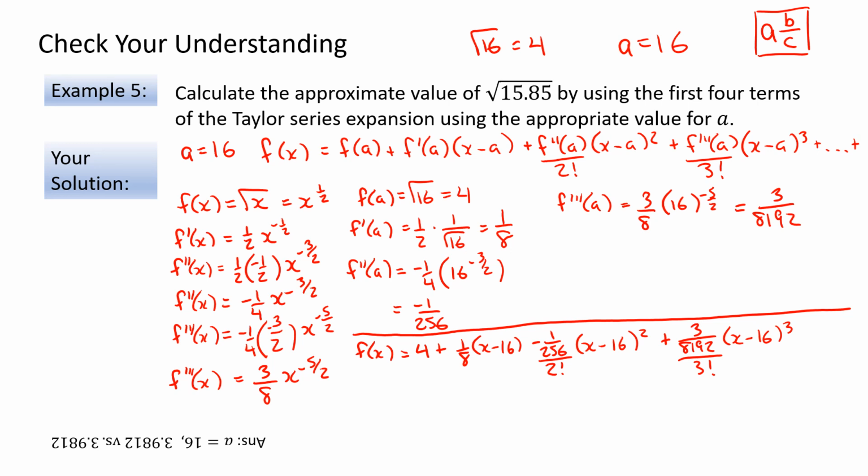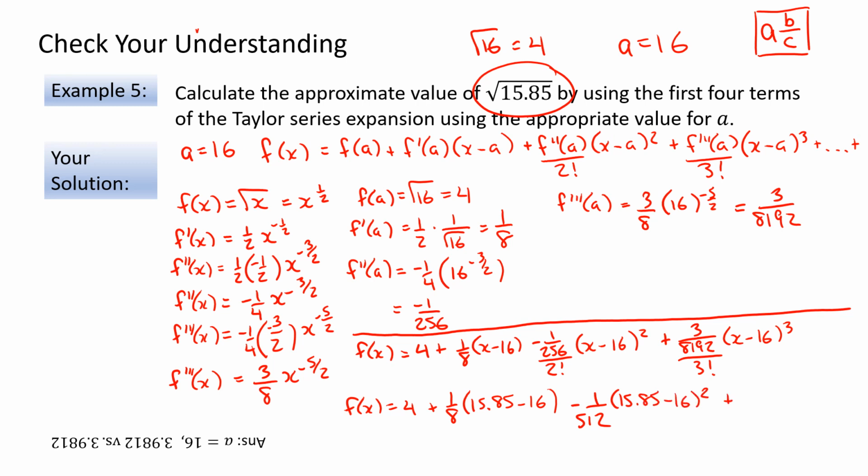We can substitute in our value now for x, which is 15.85. If we do that, we get f at x is equal to 4 plus 1/8 times 15.85 minus 16. Minus, if I simplify this, 256 divided by 2 gives us 1/512 times 15.85 minus 16 squared.